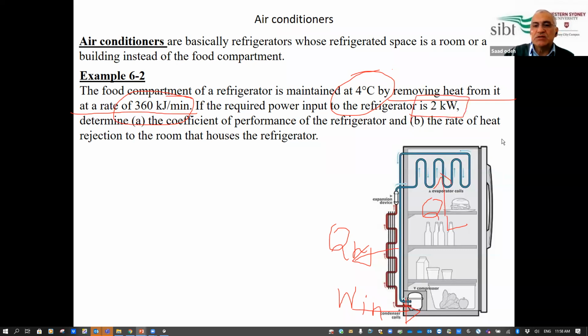W input, correct. The only power input to the refrigerator is coming to the compressor from electricity. So that's work in, correct.